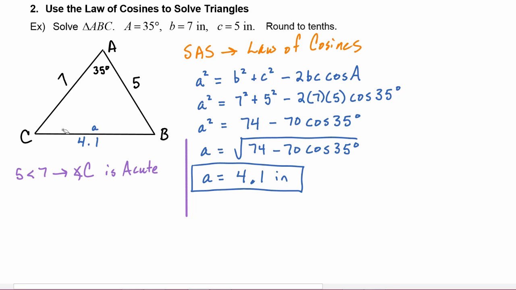So let's go ahead and use law of sines now to solve for angle C. We will get sine of C divided by its opposite side, which is 5, has to equal the sine of 35 divided by its opposite side, which is 4.1.